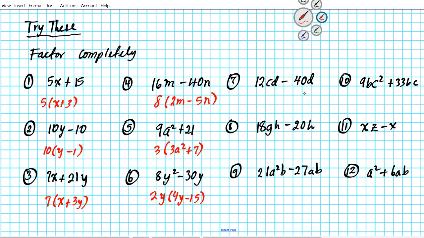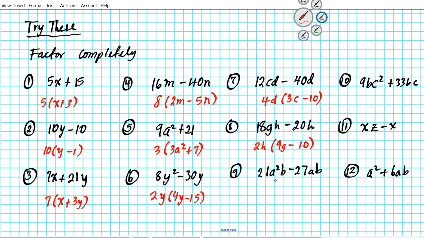For number 7, it's 4d times the quantity 3c minus 10. For number 8, it's 2h times the quantity 9g minus 10.